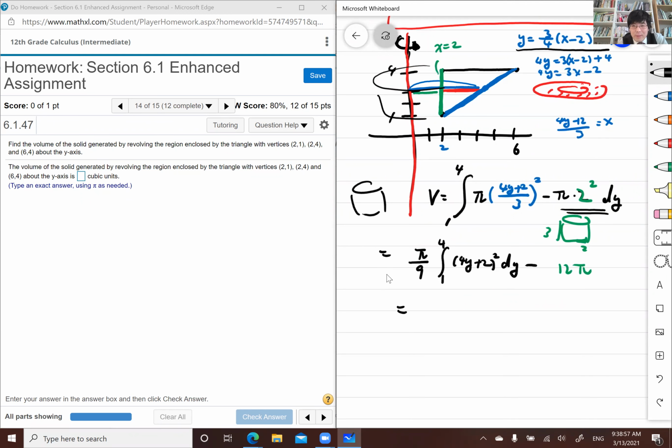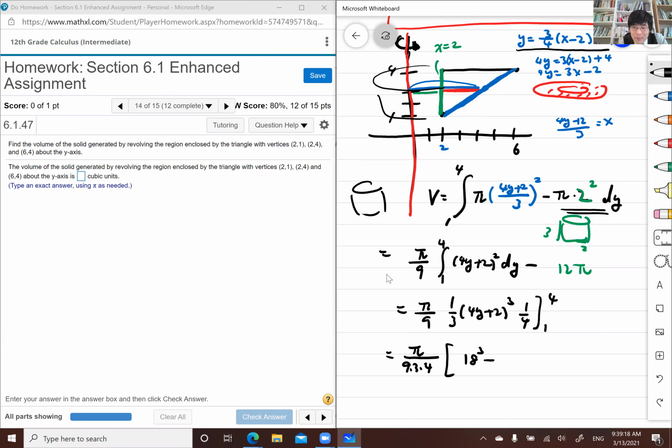Integrating this one will give us (4y plus 2) cubed divided by 3 and divided by 4, and you plug in 1 through 4. So 9 times 1/3 times 1/4 outside. When you plug in 4 here, it's going to be 18 cubed.